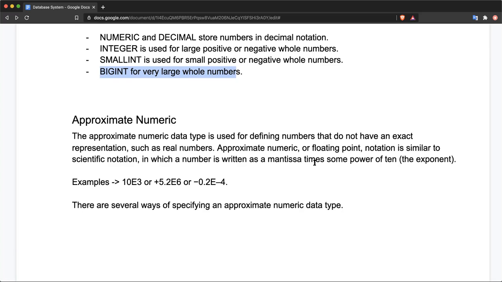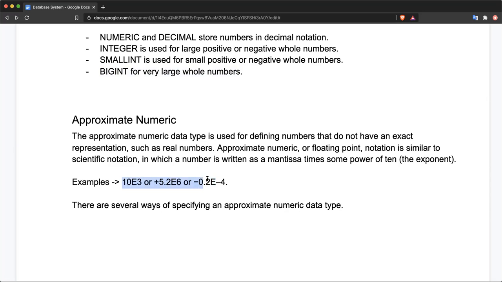For example, we have the mantissa and the power of 10, or the exponent. So we have 10 to the power of 3, where the exponent part is 3. Also we have 5.2 to the exponent 6, which is a positive number, and 0.2 to the exponent of -4, which is a negative exponent.